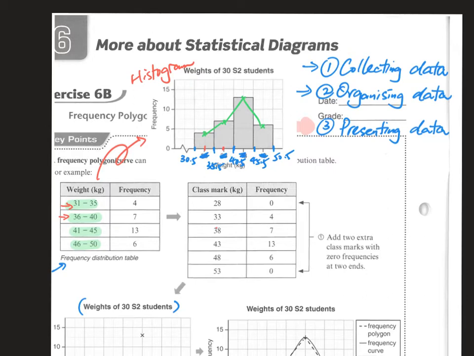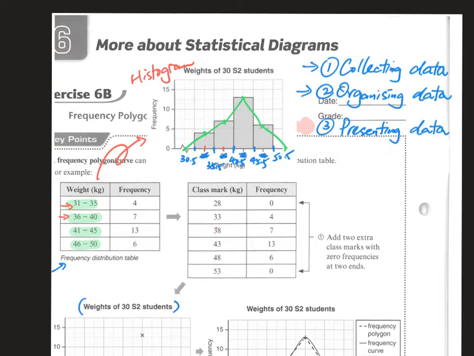But a requirement of a frequency polygon is that at the end you need to add one more point, which is the next class mark, so that the line will drop to 0. The other side is the same. You need to have a place for your previous class mark, and it also drops to 0. So that's why in this diagram I cannot draw a proper frequency polygon for you.